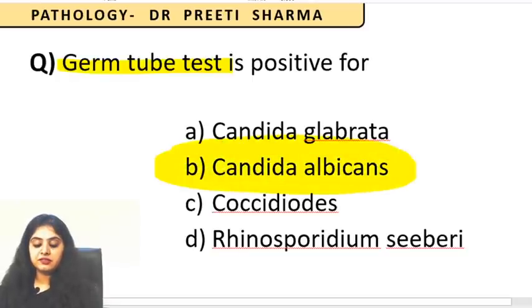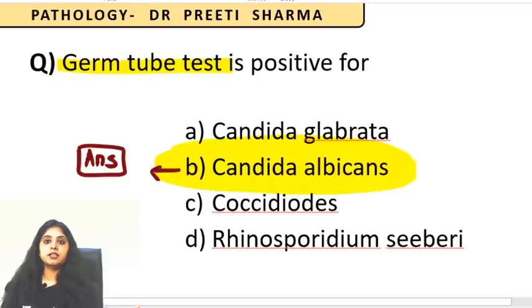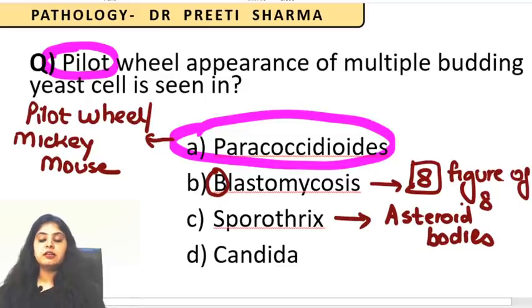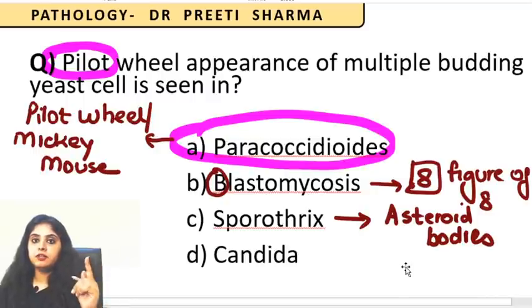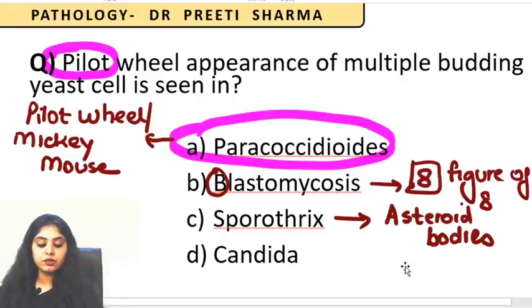Candida albicans. It helps you differentiate Candida albicans from the other Candida species. I hope it is clear. Paracoccidioidomycosis: pilot wheel or Mickey Mouse. B for 8: blastomyces, figure of 8. Candida shows you germ tube, and sporothrix shows you asteroid bodies.